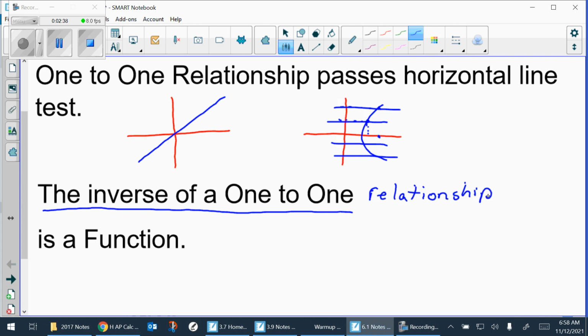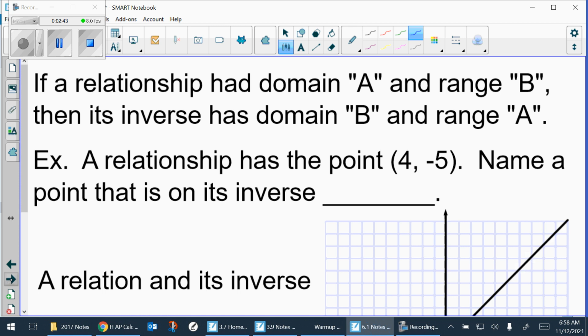Now let's review this whole inverse thing. If a relationship has domain A and range B, so these are all the possible x values, these are the resulting y values, then the inverse of this relationship has domain B. These are the x values of the inverse.